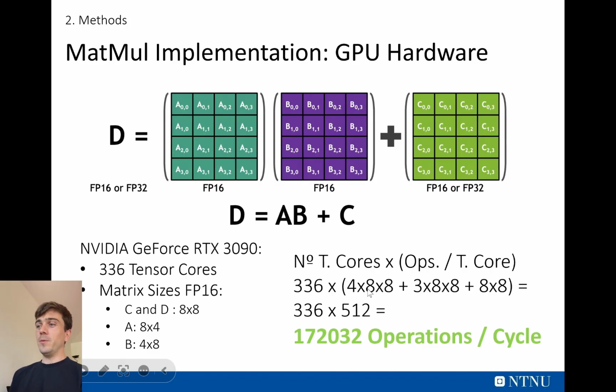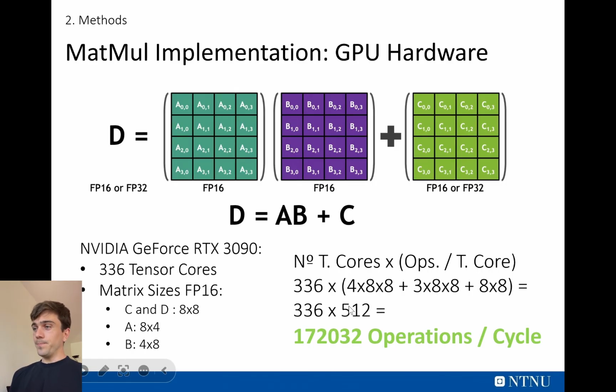And then here we multiply by 8 because we are doing 8 columns, and then we are doing the same by 8 rows. So this is the number of multiplications, this is the number of additions, and then once we compute A times B, we have to add it to C, which is a matrix of size 8 times 8. So this means that we have 8 times 8 additions.